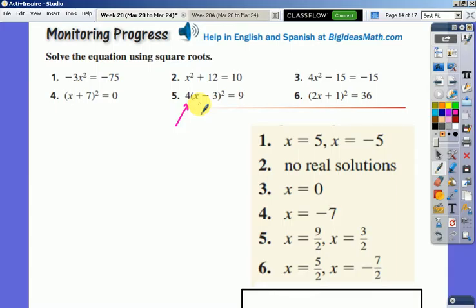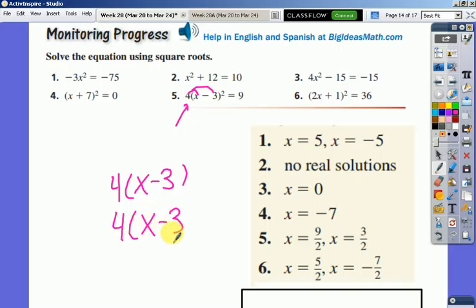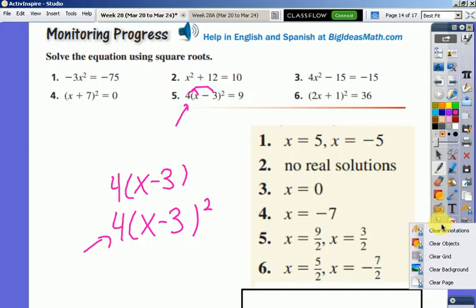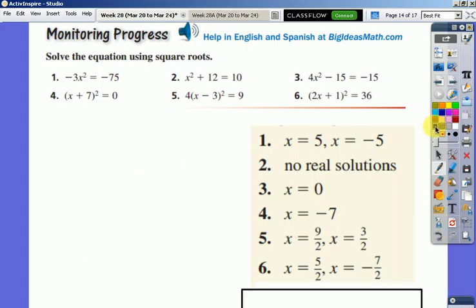Because I can't just distribute like that, because I'm not just dealing with the 4 times an x minus 3. I'm dealing with the 4 times an x minus 3 squared. That squared screws everything up, right? So before I deal with the squared, I have to get rid of everything surrounding it. So I have to get rid of 4 first.